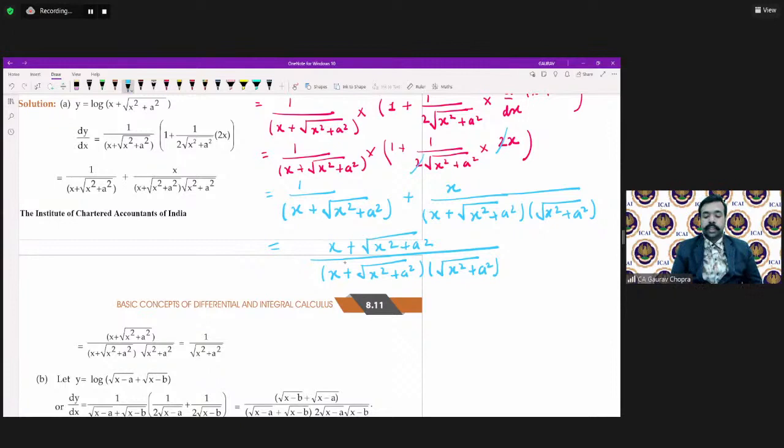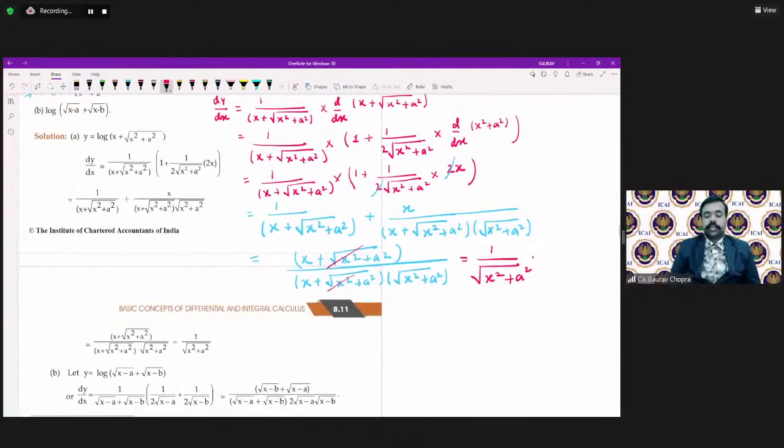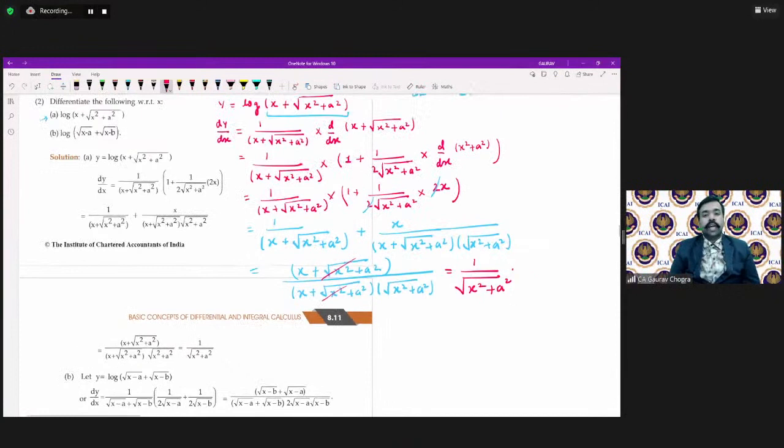This portion will be in the numerator. All right. Now we can see that these two are getting cancelled. So finally we are left with 1 upon root of x square plus a square. This is the final result.